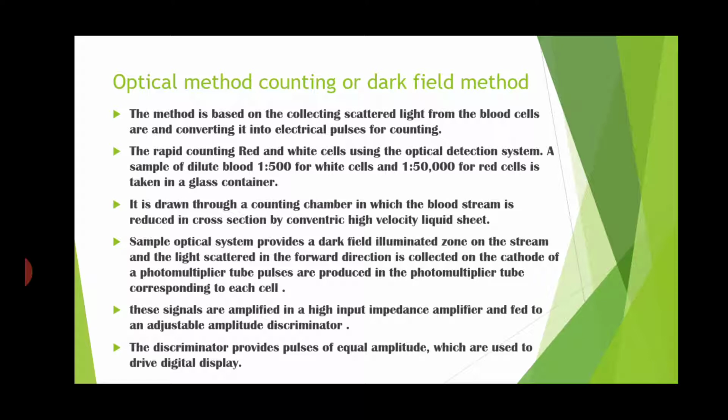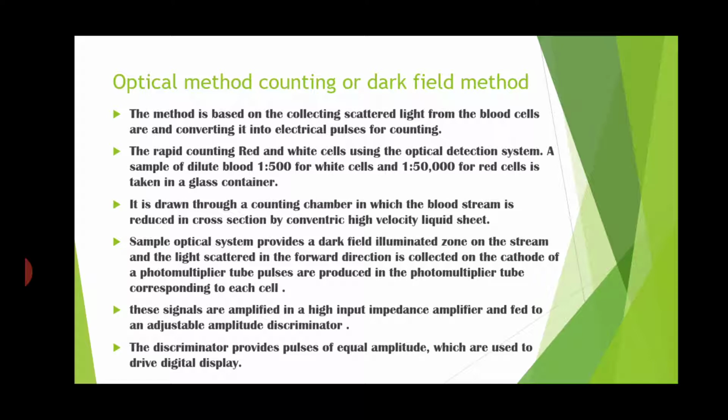So this is the dilution you have to take according to which cells you have to measure or count. It is drawn through a counting chamber in which the blood stream is reduced in cross section by a concentric high velocity liquid sheath.